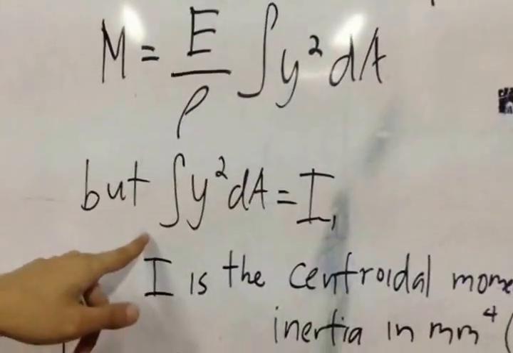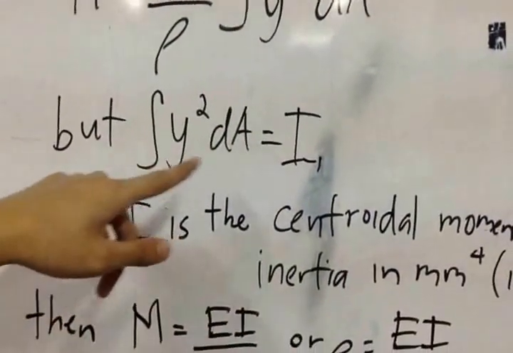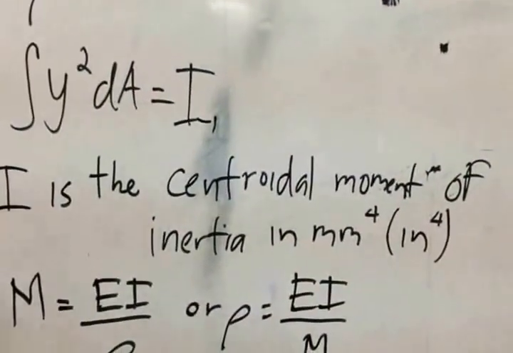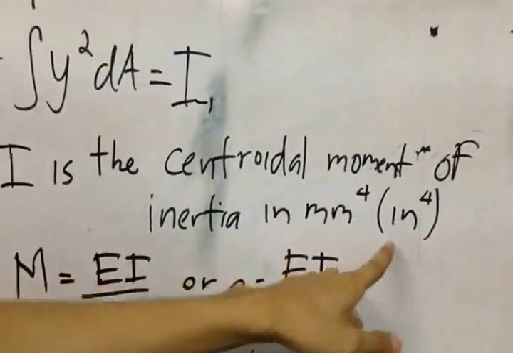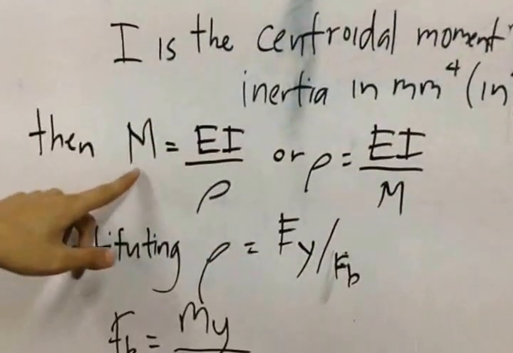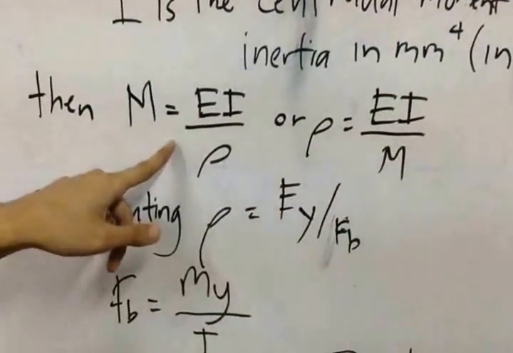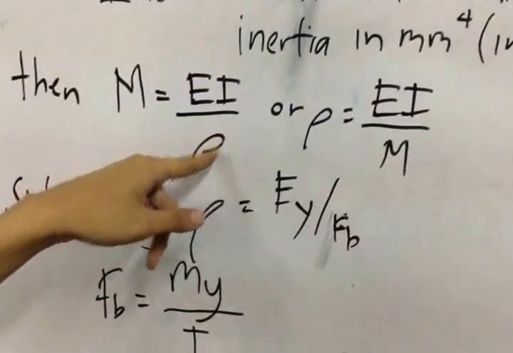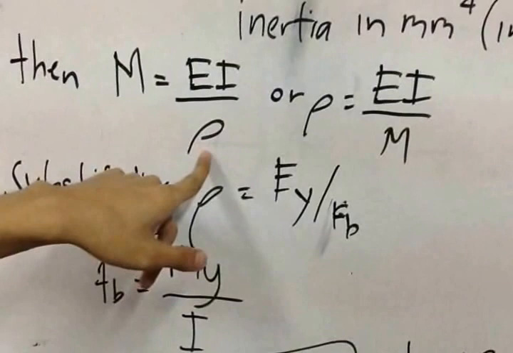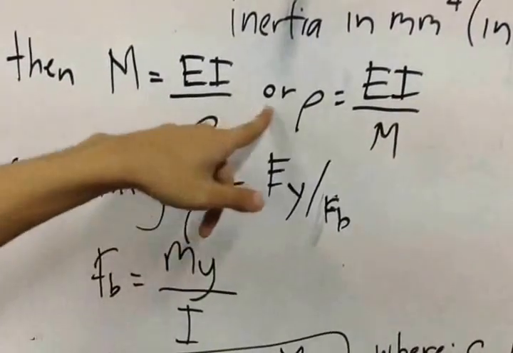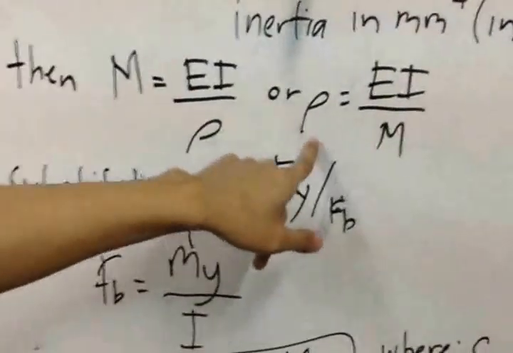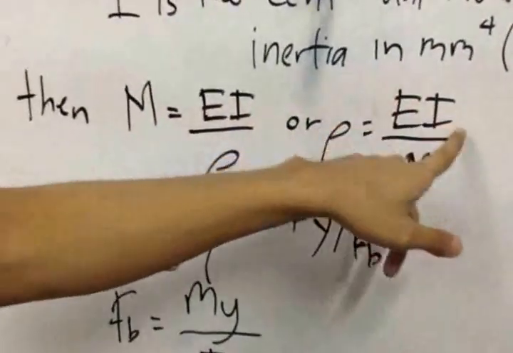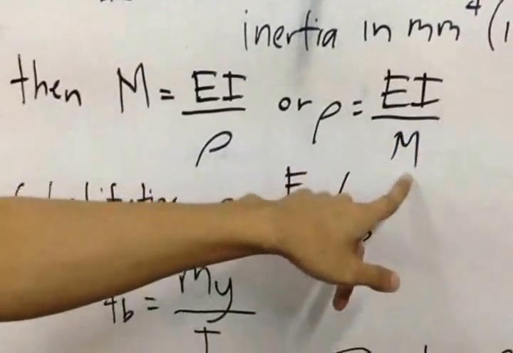But we all know that the integral of y squared dA is equivalent to I, where I is the centroidal moment of inertia in millimeters to the fourth or inches to the fourth. Then, the bending moment will be equivalent to the modulus of elasticity times the centroidal moment of inertia divided by the radius of curvature of the beam, or the radius of curvature of the beam is equivalent to the modulus of elasticity times the centroidal moment of inertia over the bending moment.